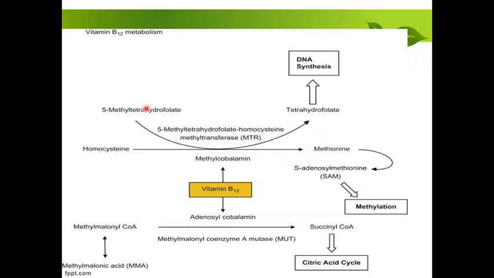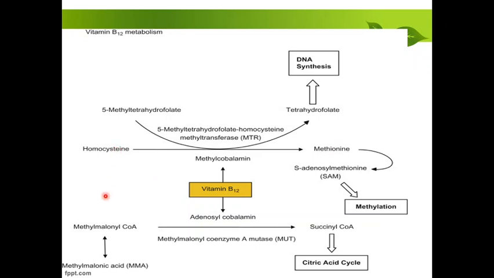And in another way, this methyl tetrahydrofolate, when combined with homocysteine, is not converted to tetrahydrofolate and DNA synthesis is compromised. You only need to stick to this, right? Homocysteine is not converted to methionine.